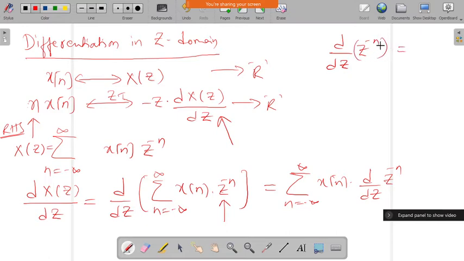It is the standard expression for x power minus n, so it will give minus n into z power minus n minus 1. That is what we get from the differentiation. So, we will replace that here and see the result.